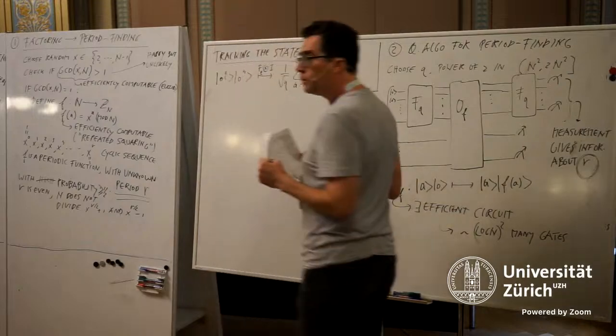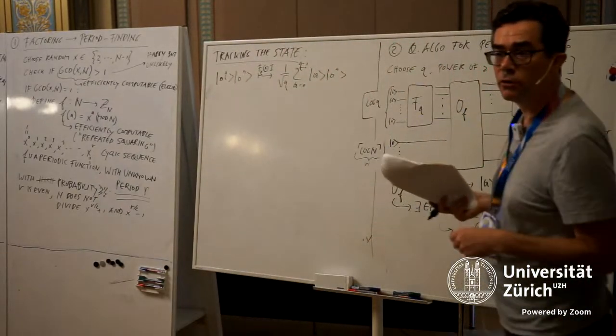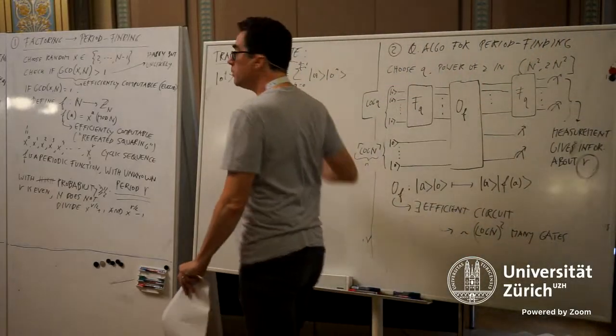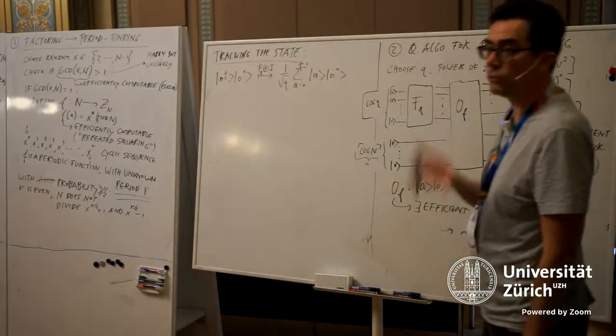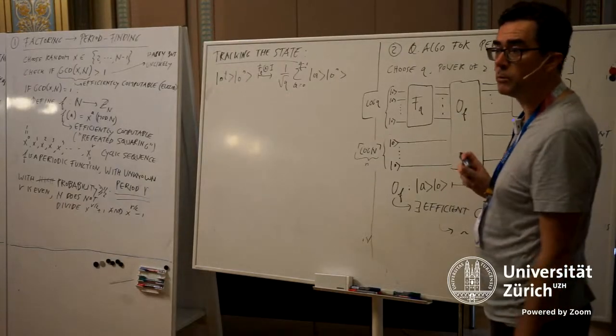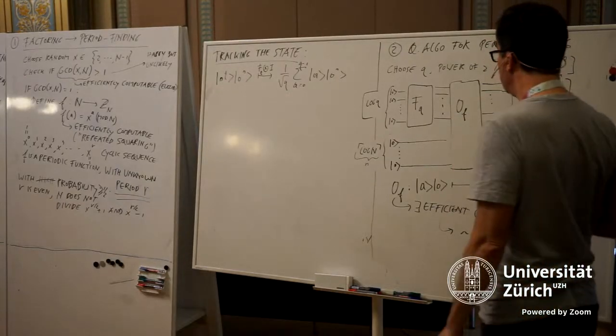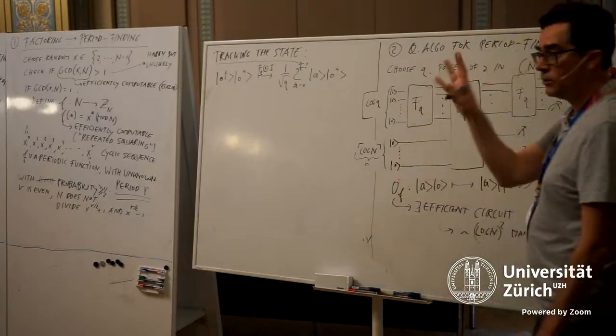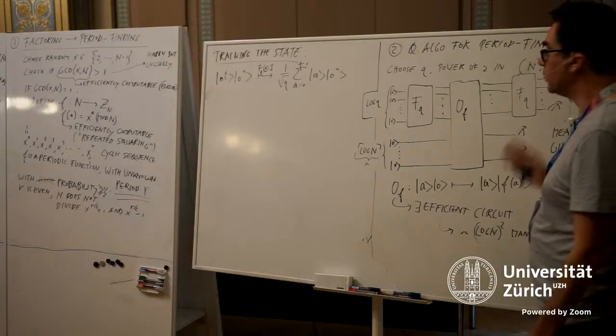In fact, at this point you could complain that I'm doing something very stupid, and I am, because I could have achieved exactly the same thing with just Hadamard gates. This would also have put my first register into a uniform superposition. So why do I do a QFT? Just for aesthetic reasons, it's kind of nice to have two QFTs. There's a nice mirror structure to this circuit now, but it doesn't really matter.